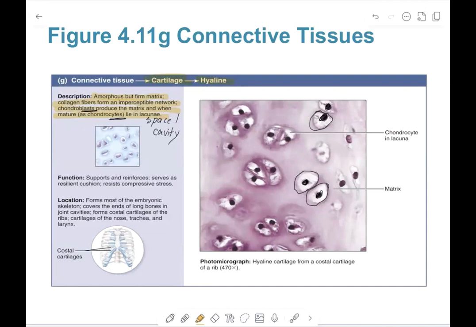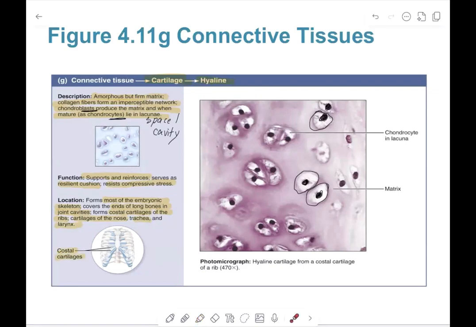So the function of hyaline cartilage is that it supports and reinforces. It's a resilient cushion and resists compressive stress. It forms most of the embryonic skeleton. It covers the ends of long bones in joint cavities, and forms costal cartilage of the ribs, and cartilage of the nose, trachea, and larynx. So it's very, very abundant.